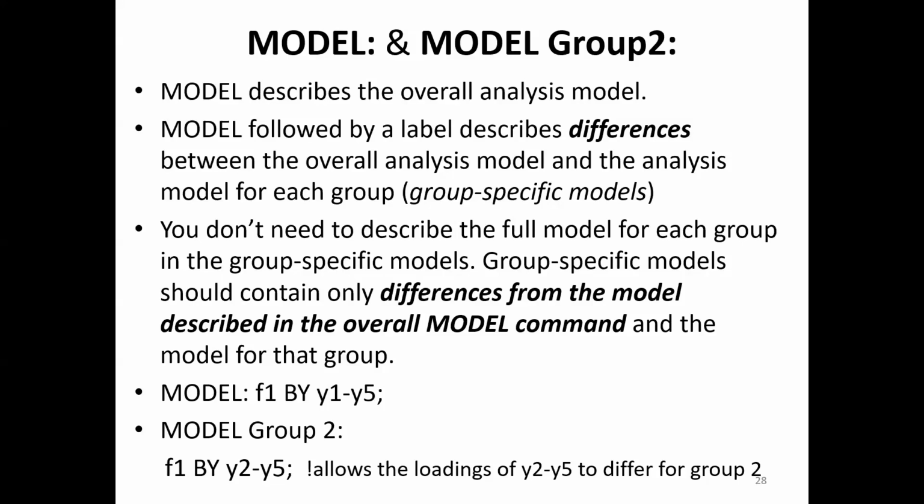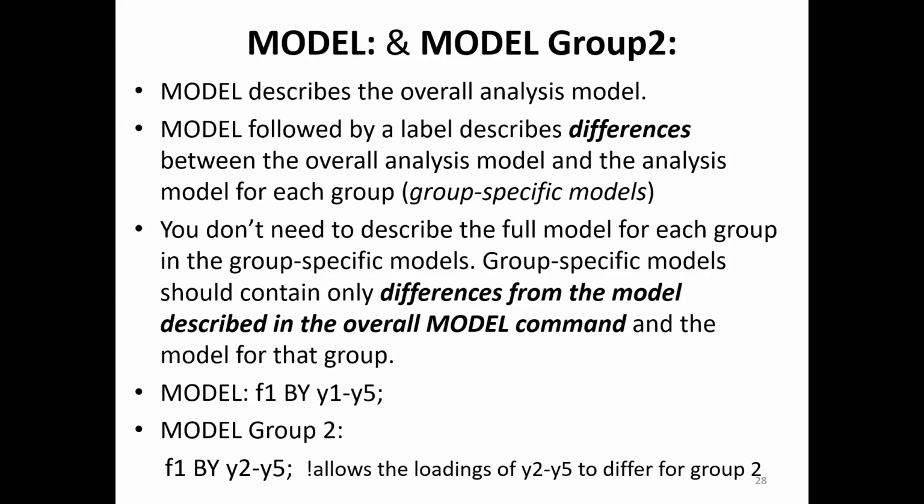And then, remember I said the item intercepts are actually held equal by default. So for the configural model, I want the item intercepts to be freely estimated. So I'm putting those down there too. Okay? S13, S20, S25, S29, S26, and S35.